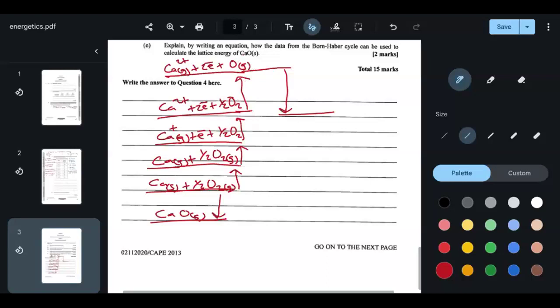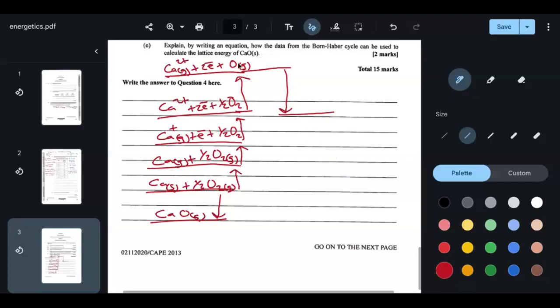So it is the atom of oxygen that will accept the electron, not the molecule. That is why we always atomize the diatomic molecules so that we get the atom in the gaseous state. Well, it is already a gas.